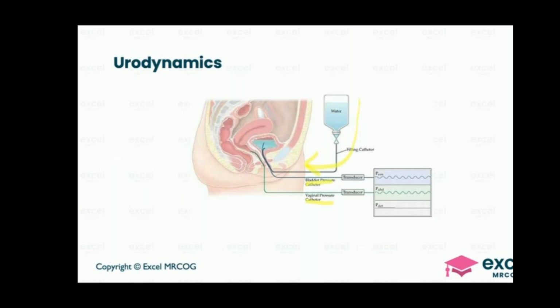Now what happens is this: the probe that is going into the bladder will actually tell you the pressure in the bladder, so it's P vesical. The probe that is in the vagina will tell you P abdomen.